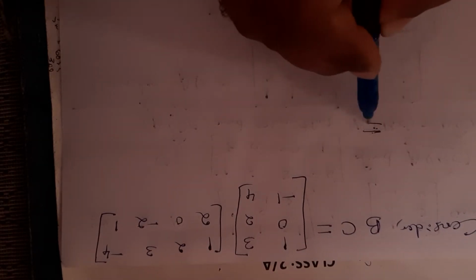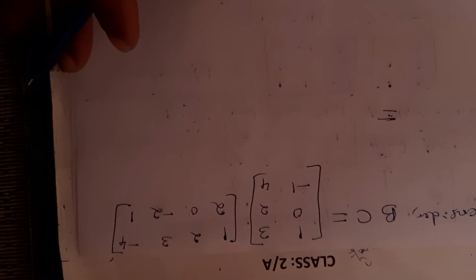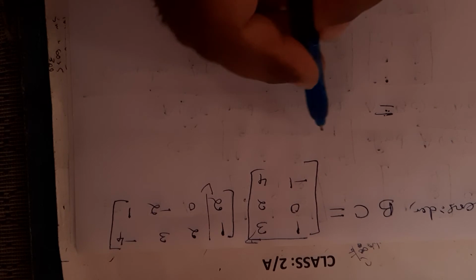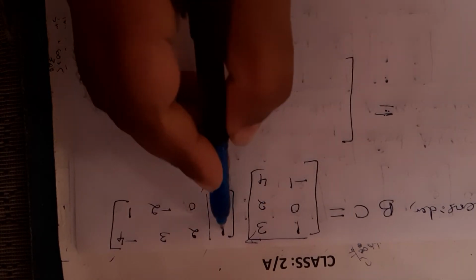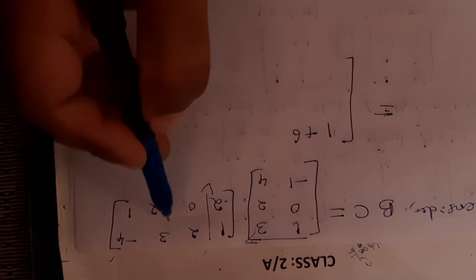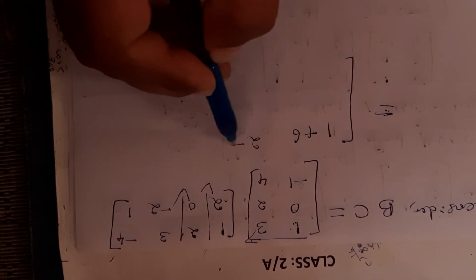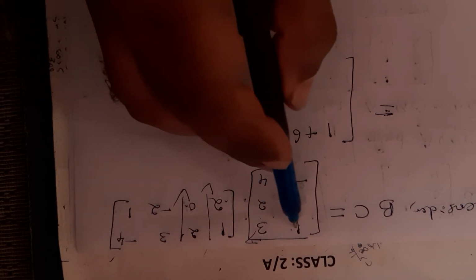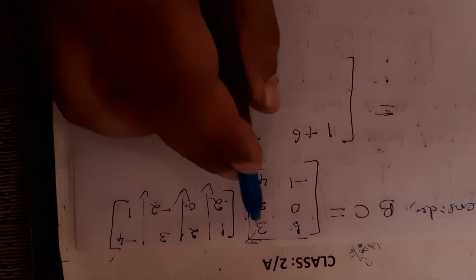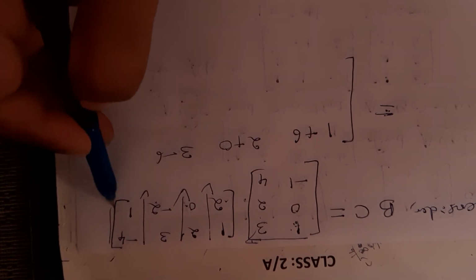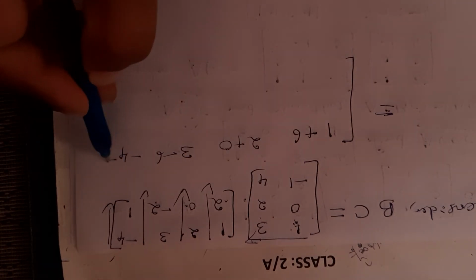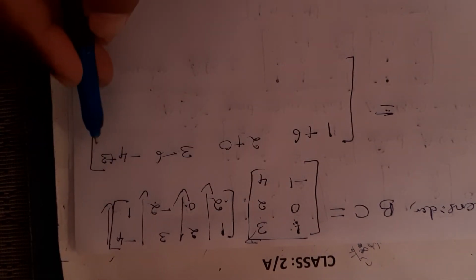Then see here, first row, first column. I have to consider this one. So 1 into 1, that is 1, plus 3 into 2, that is 6. Then first row, second column. 1 into 2, 2, plus 3 into 0, that is 0. Then first row, next column. So 1 into 3, 3. Minus 2 into 3, that is minus 6. Then last column, 1 into minus 4, that is minus 4, plus 3 into 1, that is 3.